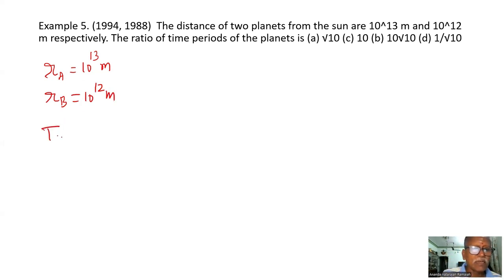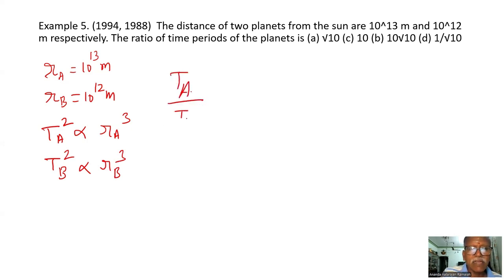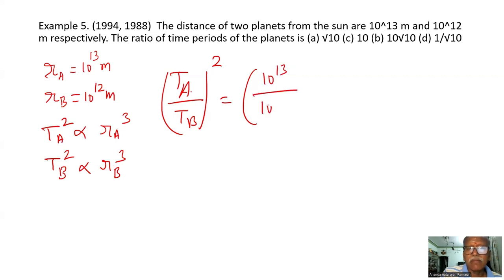We know that TA square is proportional to RA cube, and TB square is proportional to RB cube. So we can write TA divided by TB whole square equals RA 10 power 13 divided by 10 power 12 whole cube.